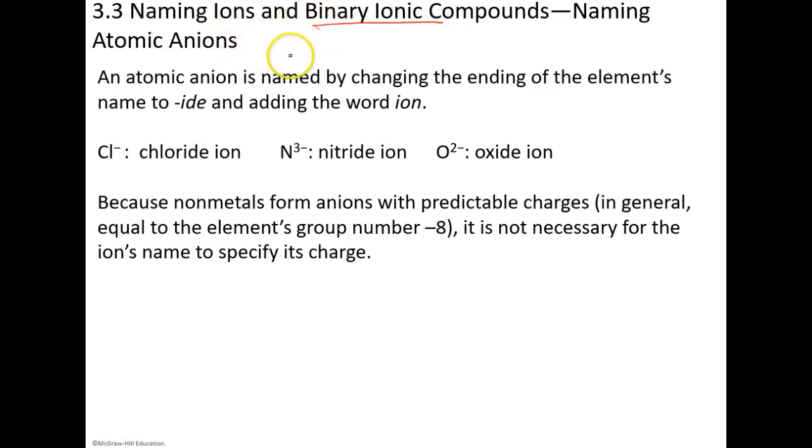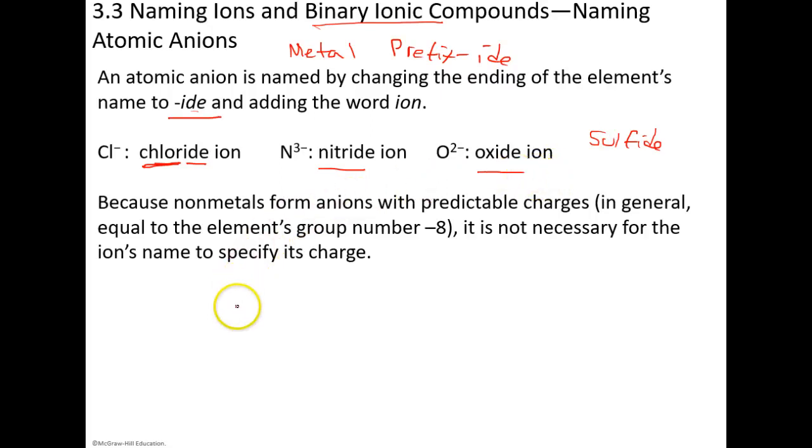All right, you name the metal first, so whatever the metal is, then you do a prefix followed by "ide." You can see right here, "ide." So chloride, chlor is the prefix. Nitride, oxide, sulfide. All right, you just end it in "ide." It's as simple as that.